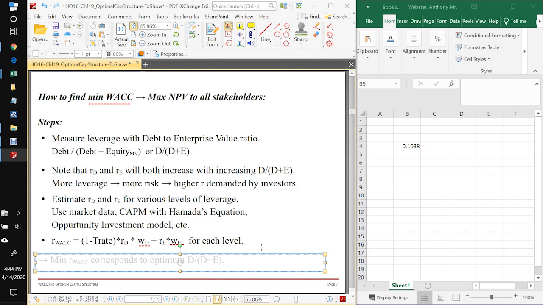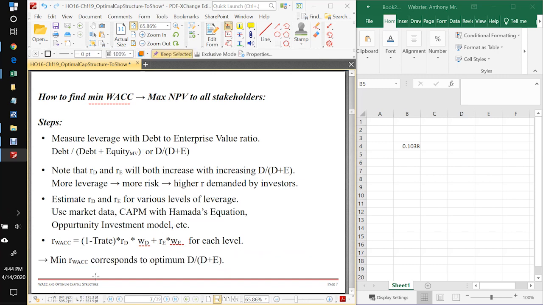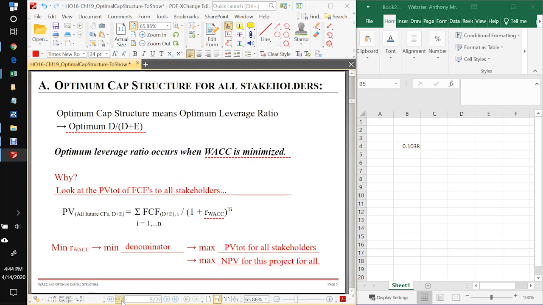We're just going to look at all of these and see which one corresponds to the minimum weighted average cost of capital, and that's going to be our optimum debt to enterprise value ratio. And why is that true? Because when we make this denominator minimum, the present value of all these is maximized.